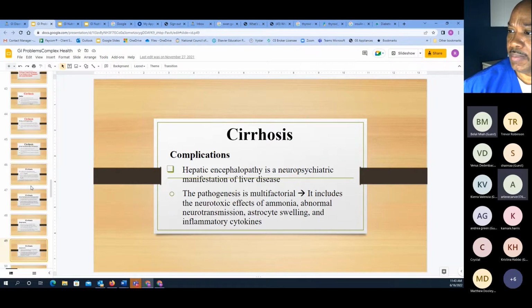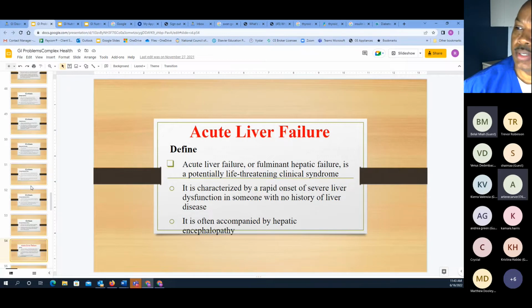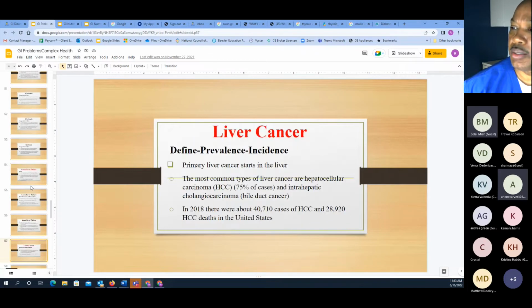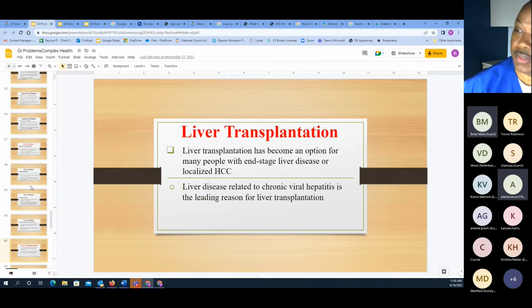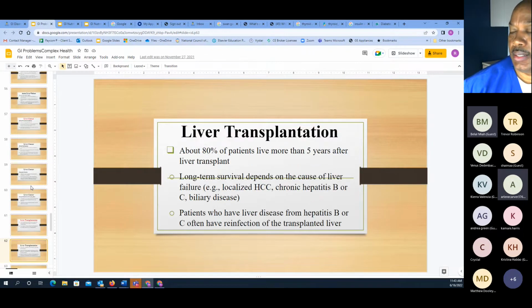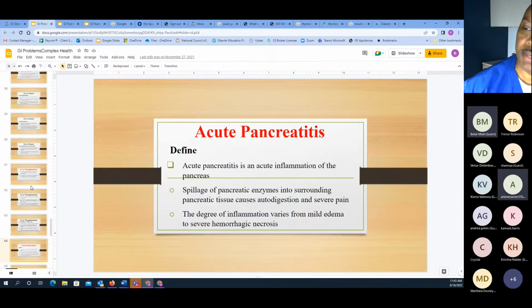Cirrhosis, acute liver failure, that's testable as well. Liver cancer, all that's testable. Liver transplant, very testable. Tell you that right now. So make sure you take a look at this. Acute pancreatitis. It's going to be very important for you to look at.